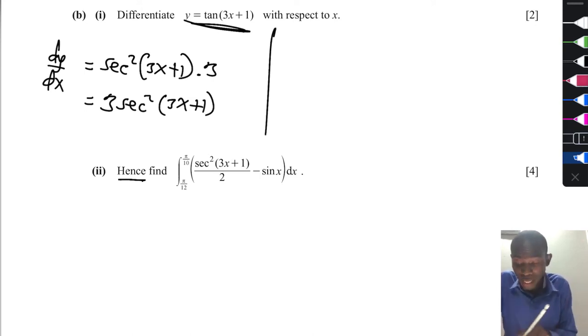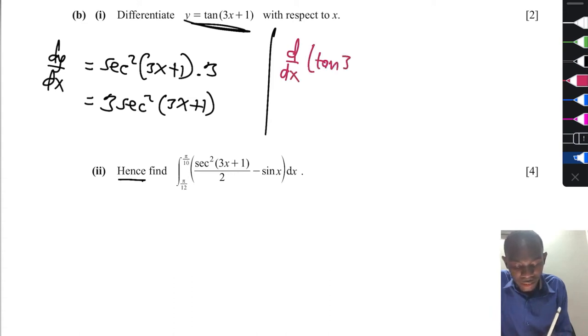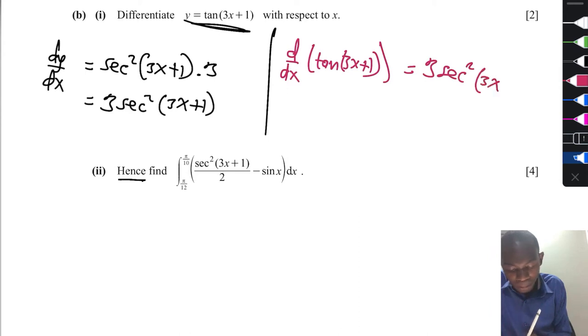Of course, we've done it, but I just want to write it because I'm going to use it to further solve this question. Remember that you differentiated tan(3x plus 1), and then you got 3 sec square (3x plus 1).